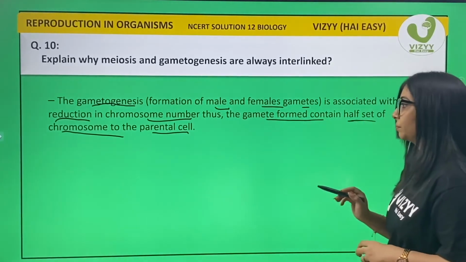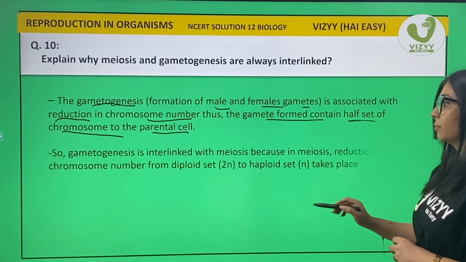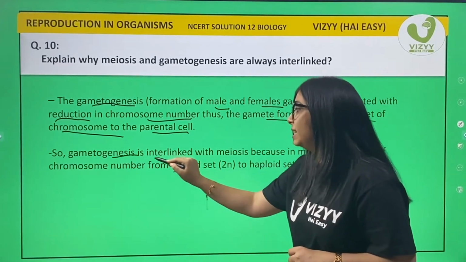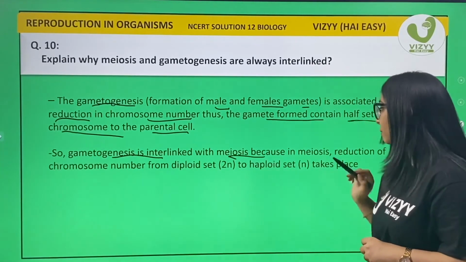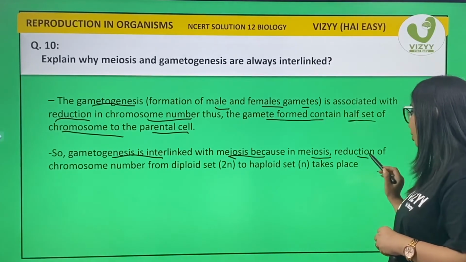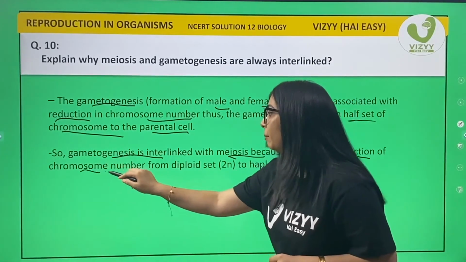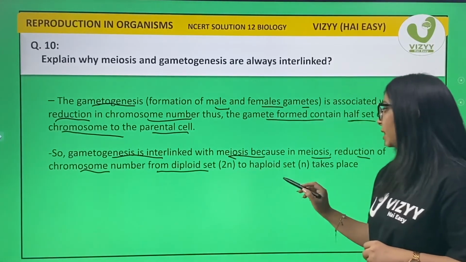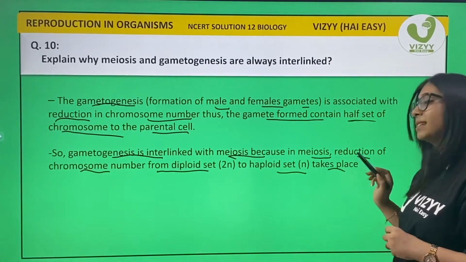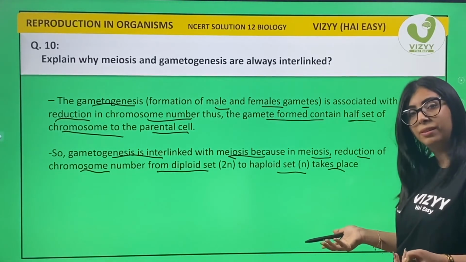Thus, gametogenesis is interlinked with meiosis because in meiosis, reduction of chromosome number from diploid set to haploid set takes place. Simple.